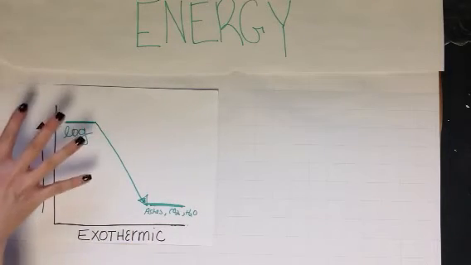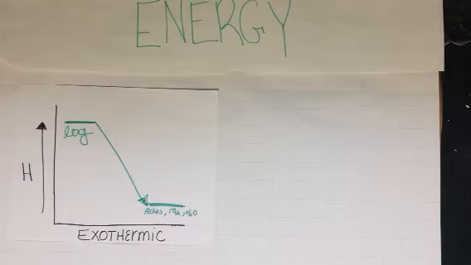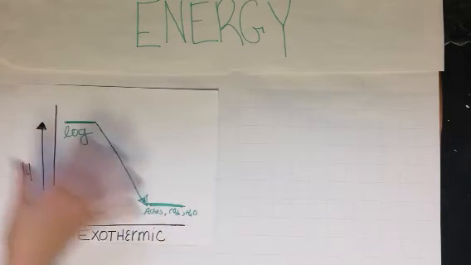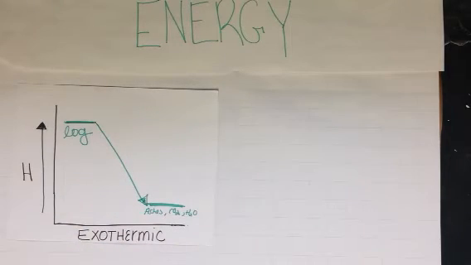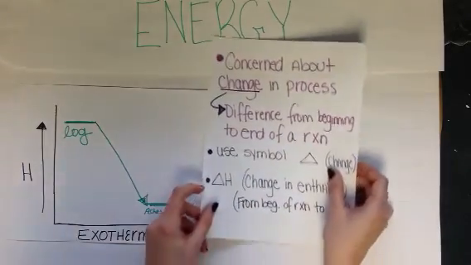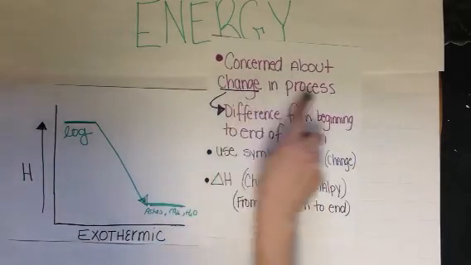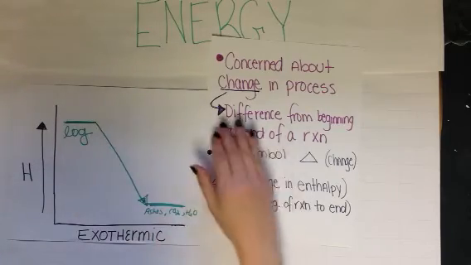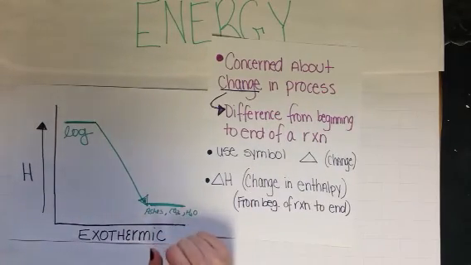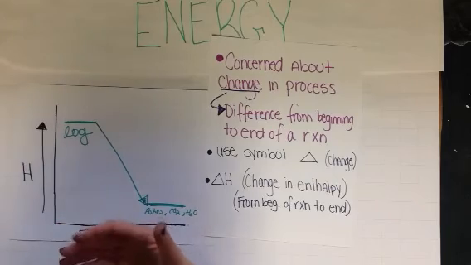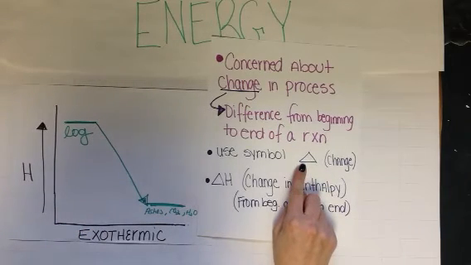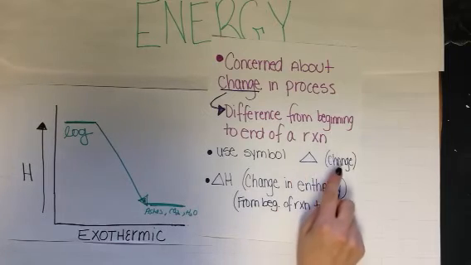If we're going to light that log on fire and turn it into ashes, what is the change that occurs? That's more important to look at. So let's write some of those things down. We're concerned about the change in this process, which is the difference from the beginning to the end of the reaction. We use a triangle, which is known as the Greek symbol delta, to represent change.